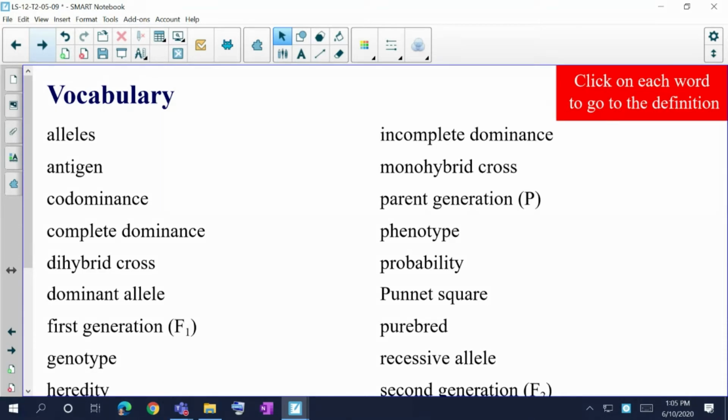Are we together? Right. So we look at terms like alleles, antigen, codominance, complete dominance, incomplete dominance, dominant allele, first generation, which we refer to as F1, genotype, heredity, monohybrid inheritance, and the rest of them, pure breeding and all of them.